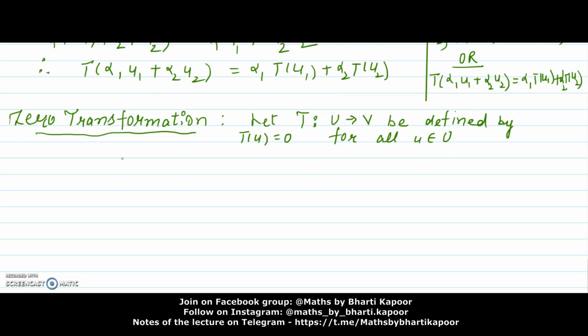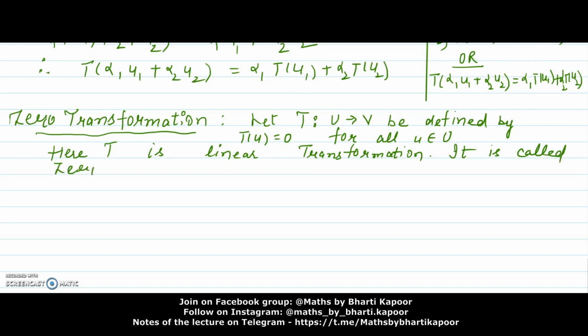In this case also T is a linear transformation. You can check this also using this property. So T will be a linear transformation, and such a linear transformation defined like this is called the zero transformation or null transformation.